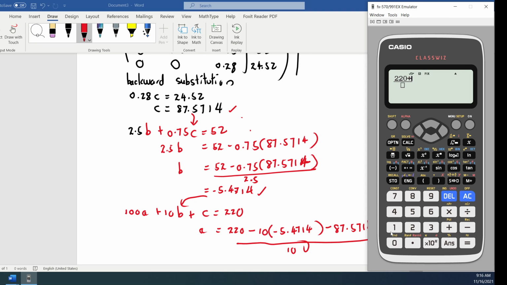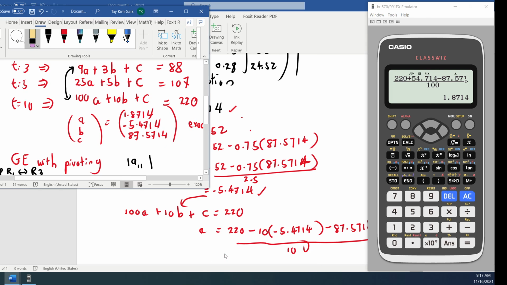Minus minus becomes plus, so multiply by 10 to get 54.714, then minus 87.5714, divided by 100. Check with this one: 1.8714.